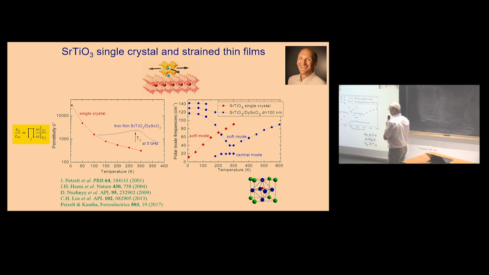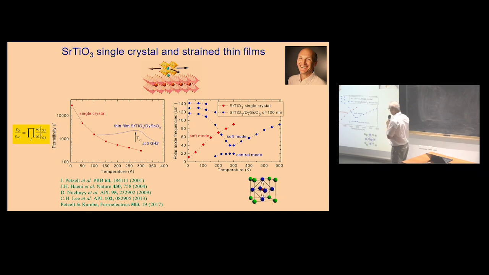So there is phonon softening, hardening, and activation of a central mode close to the phase transition. Again, there is some crossover from displacive to order-disorder phase transition mechanism, and then also activation of other phonons at low temperature due to the antiferrodistortive phase transition.